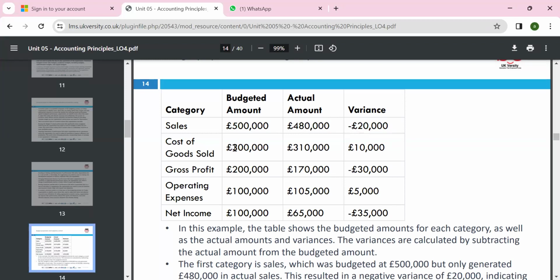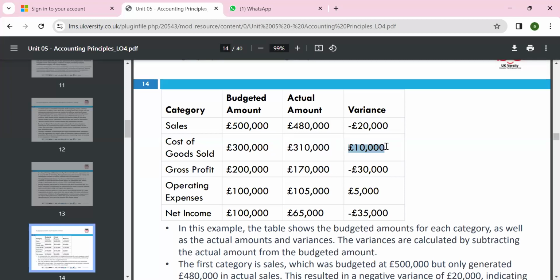Okay. Cost of sales, we budgeted 300,000 would cost us, but actually it cost 310,000. So this 10,000 is our adverse variance because actually we spent more than the budgeted.